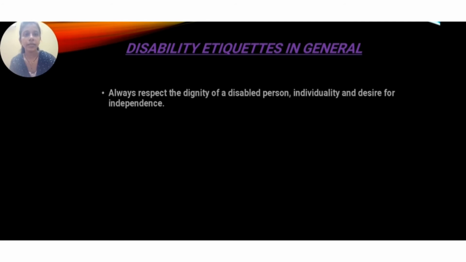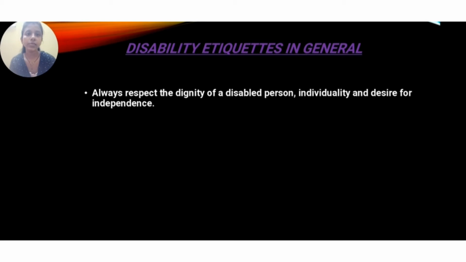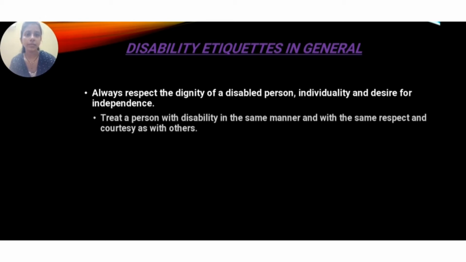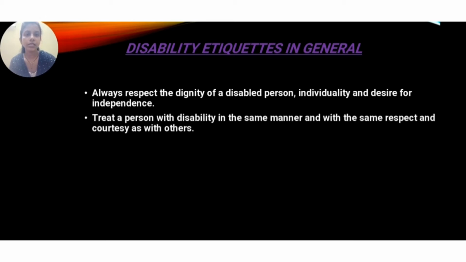Next is disability etiquettes in general. Always respect the dignity of a disabled person, individuality and desire for independence. Treat a person with disability in the same manner and with the same respect and courtesy as with others.